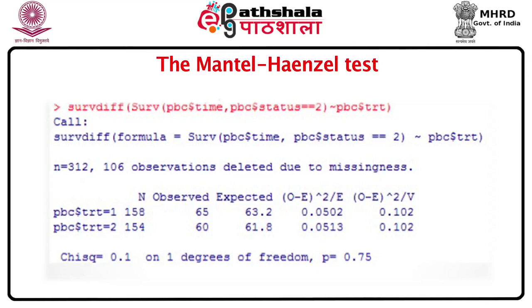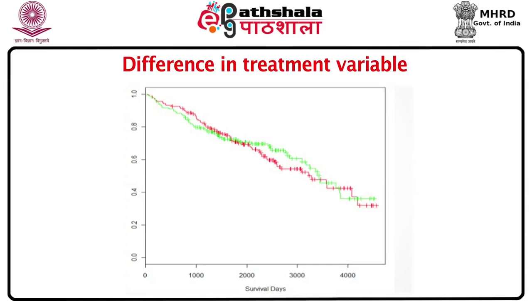So in any case, the summary chi-square given in the last line of this syntax shows that the chi-square was 0.1 with 1 degree of freedom with a p-value of 0.75, and this indicates that there was no significant difference of the survival experiences of the two groups. Another way to see this could be to plot the Kaplan-Meier estimates for the two groups, and that is what has been done here.